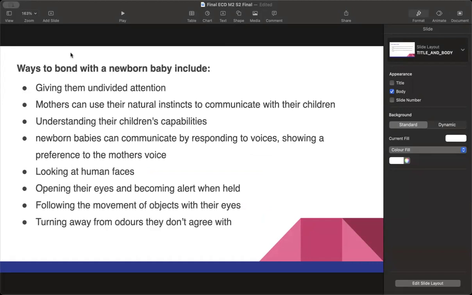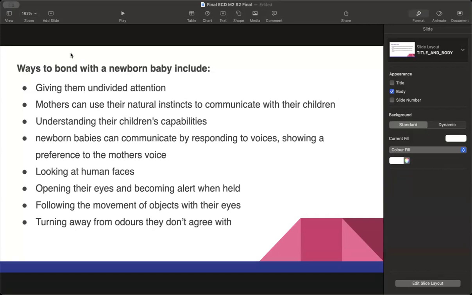Ways to bond with a newborn baby include giving them undivided attention. Mothers can use their natural instinct to communicate with their children, understanding their children's capabilities.